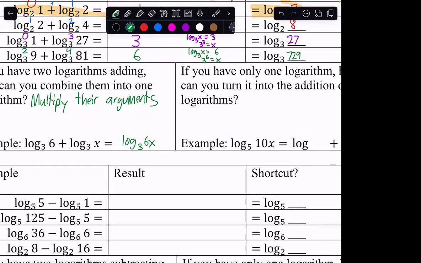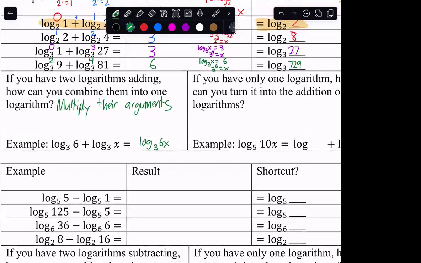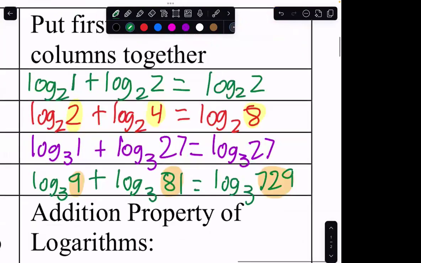Okay, so now you can also go backwards. Sometimes you want to take a single logarithm and split it up. If you imagine going backwards, starting with log base 2 of 8 and ending up with this, you just need to choose two numbers that multiply to equal it. 8 is equal to 2 times 4, 2 is equal to 1 times 2.